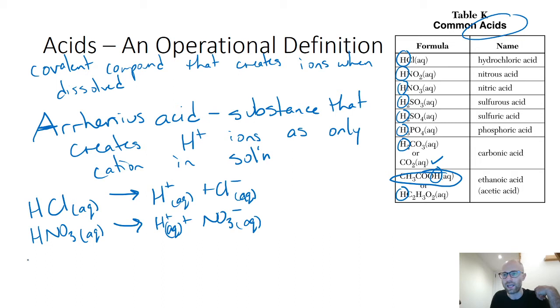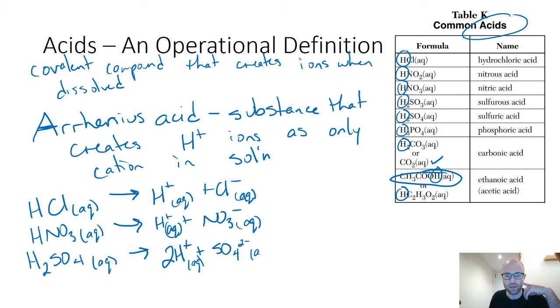And then something like sulfuric acid. Keep in mind that, if these guys are behaving the way ionic compounds do, remember that sometimes that subscript will actually imply that there's more than one of a given ion in your compound, and when you dissolve it, you get multiples of that. You get 2 moles of H+ for every 1 mole of sulfuric acid. Again, this is our common thread. They all create H+ aqueous.